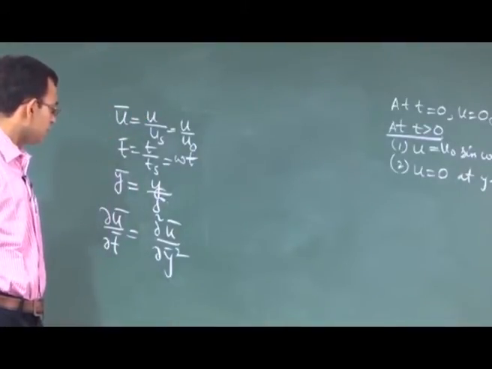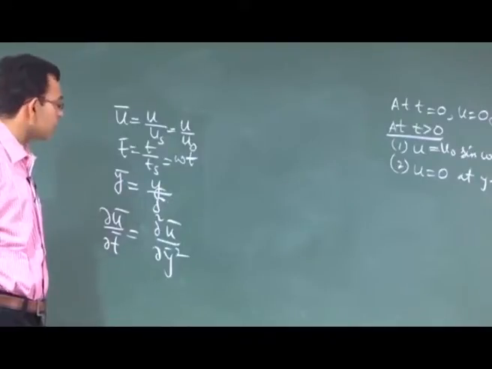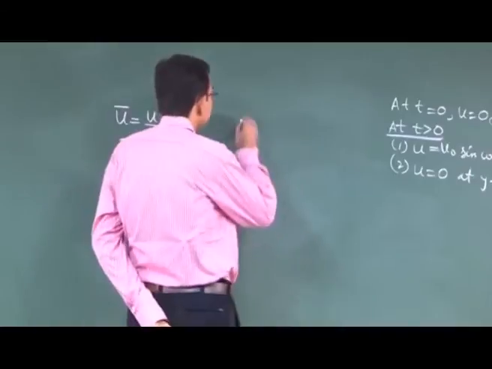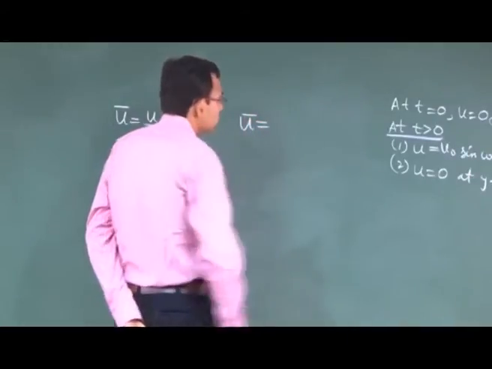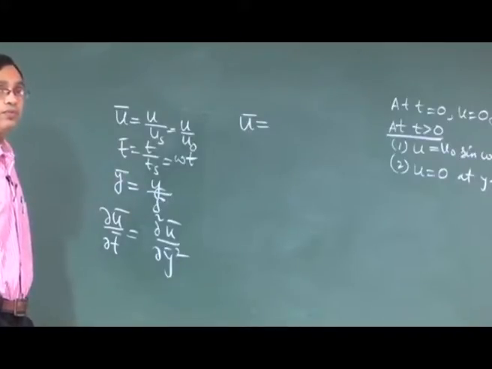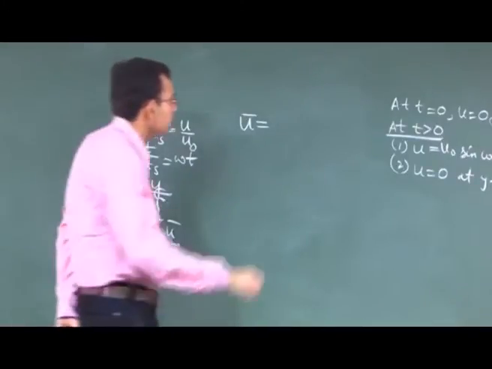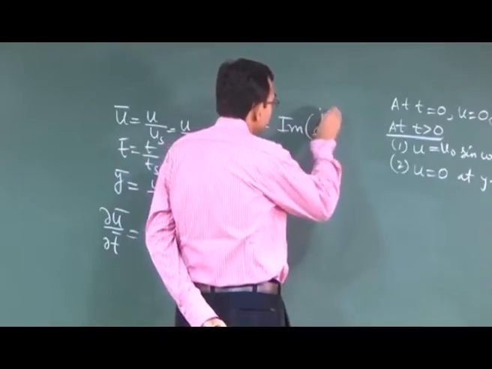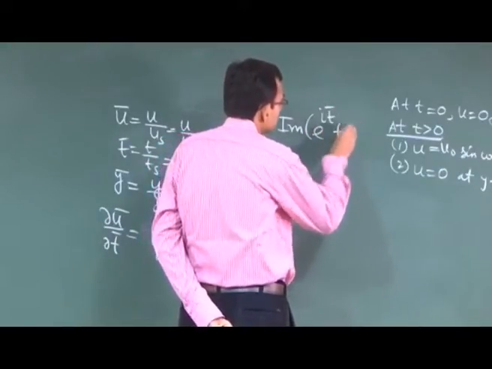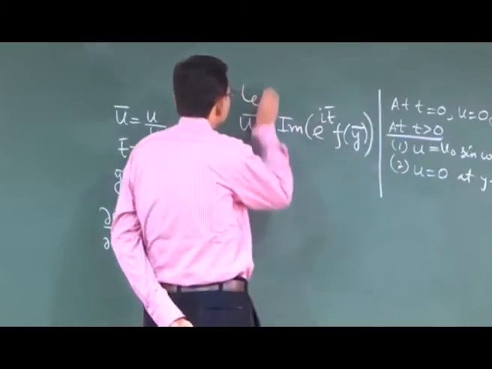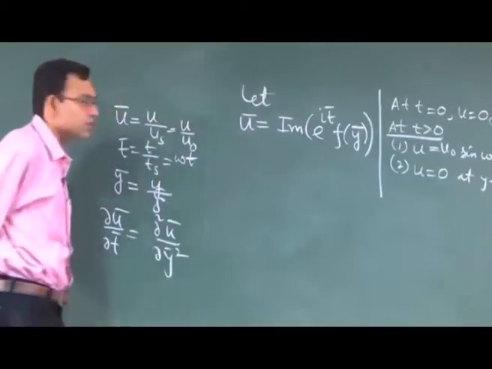So, to come up with a solution of separable nature, you write u equal to, so this is a particular technique where we assume the solution of this form.